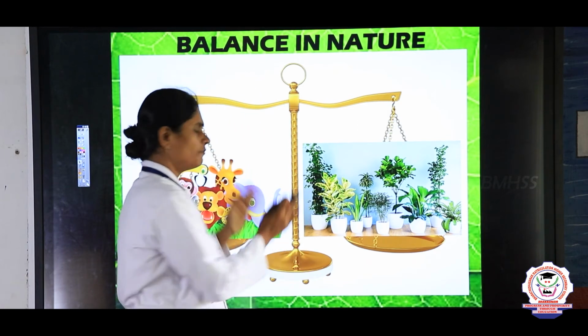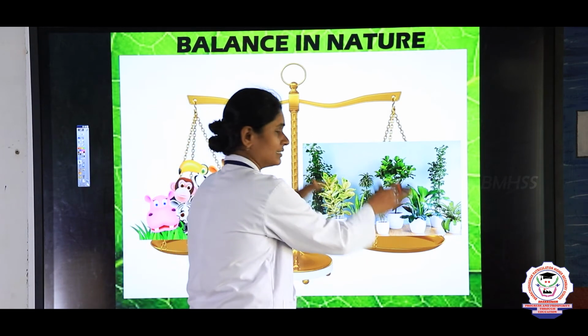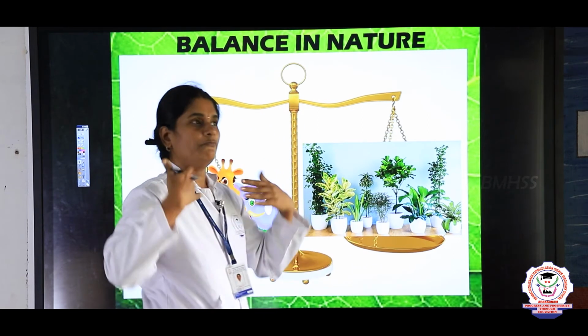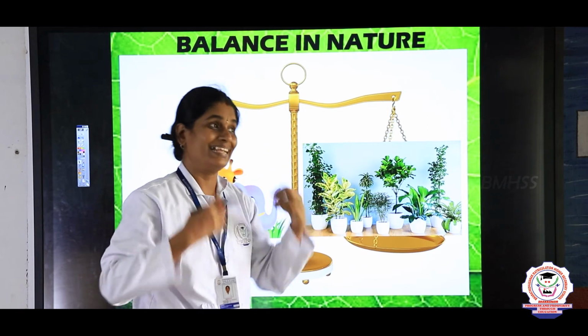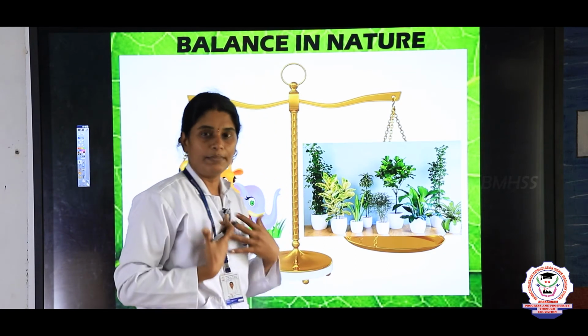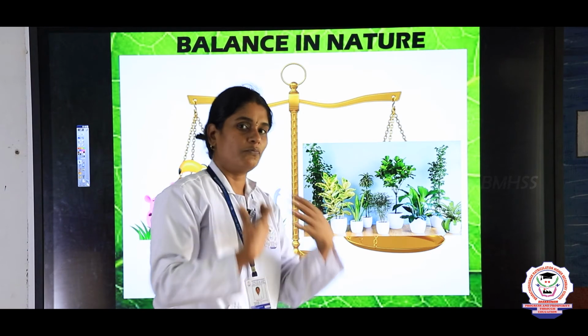Suppose the number of plants has reduced, what will happen? The amount of carbon dioxide in the air increases, and that is not good for animals or human beings. We need oxygen.